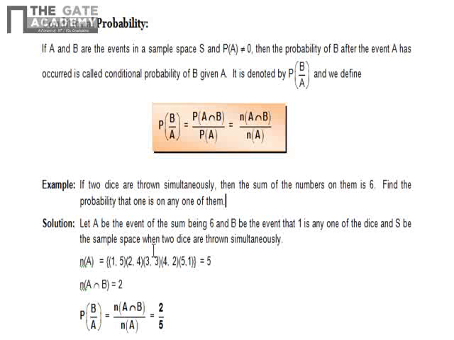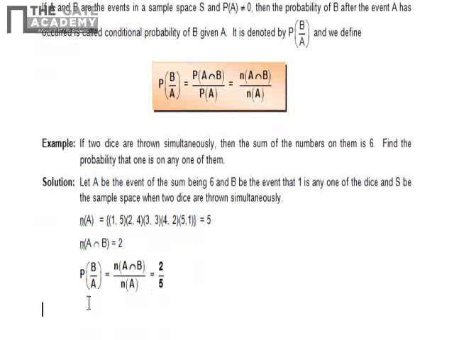In this they have asked for the event such that there is 1 on any one of the dice. So this is the first possibility, this is the second possibility. So the number of events of B is equal to 2, and if you find n(A intersection B), it will be 2. So the probability of B under the condition that A is happening is equal to 2 upon 5.